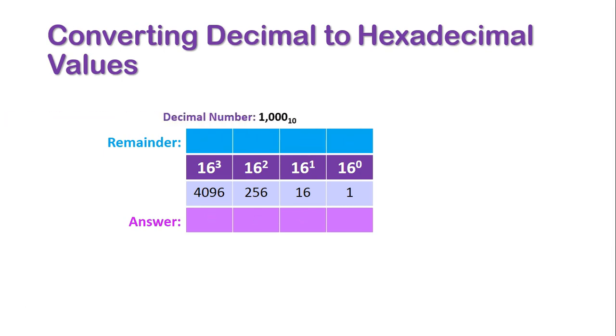The next value we'll look at is the number 1000. So basically, 4096 does not go into 1000, 1000 is still our remainder, but 256 does go in it 3 times, with a remainder of 232. 16 goes into 232 14 times, with a remainder of 8, and then 1 goes into 8 8 times, with a remainder of 0.